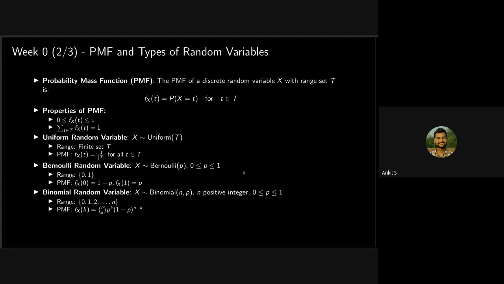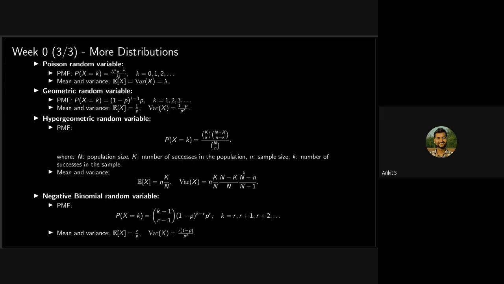Then the most important thing to note about these random variables is their ranges, because many times you get confused about what the range of a random variable is and what kind of PMF they have. Then we learned about more distributions. The most common and most important ones were Poisson and geometric.